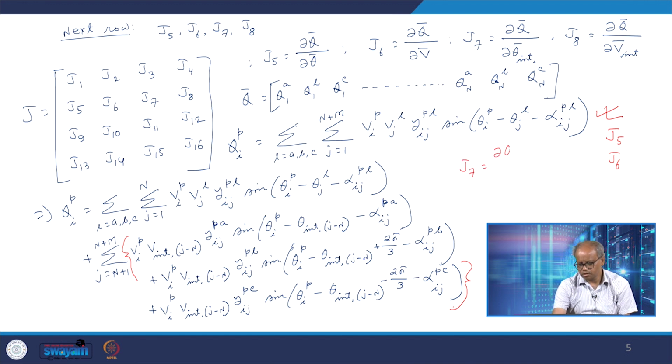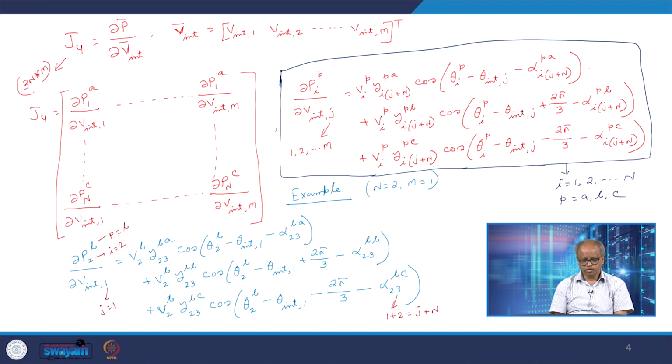J7 would be del QIP by del theta internal j, and J8 would be del QIP by del V internal j. So these are the general terms. For example, J8 would be, just by looking at this.